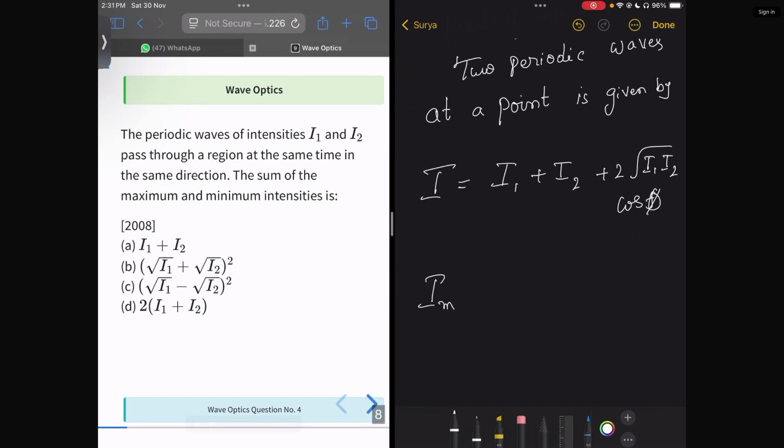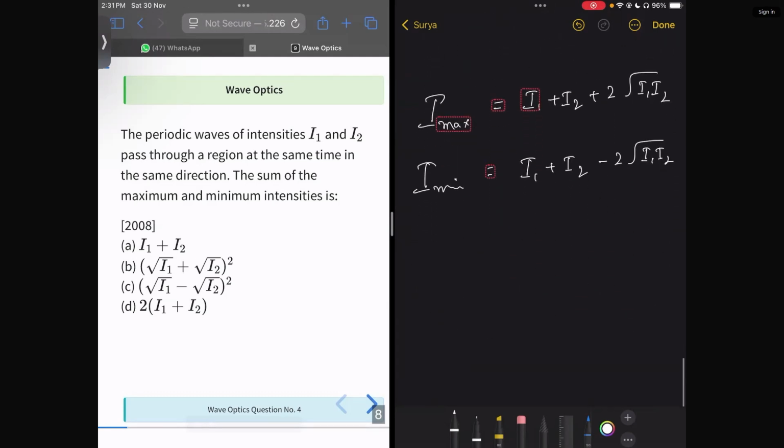The maximum, when cos phi equals 1, is I1 plus I2 plus 2 square root of I1 I2. The minimum will be I1 plus I2 minus 2 square root of I1 I2. So the sum of I max plus I min will be 2 into I1 plus I2.